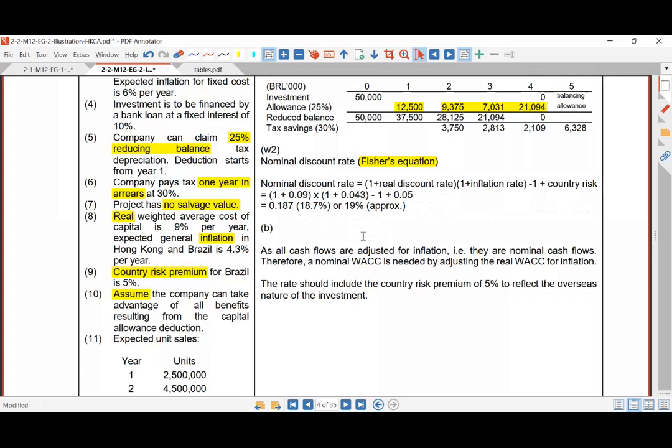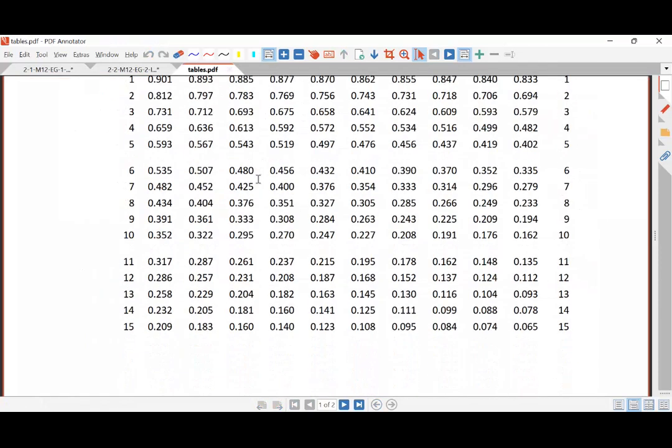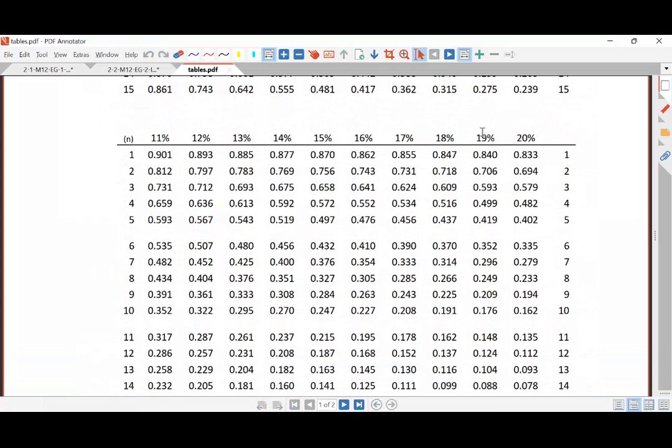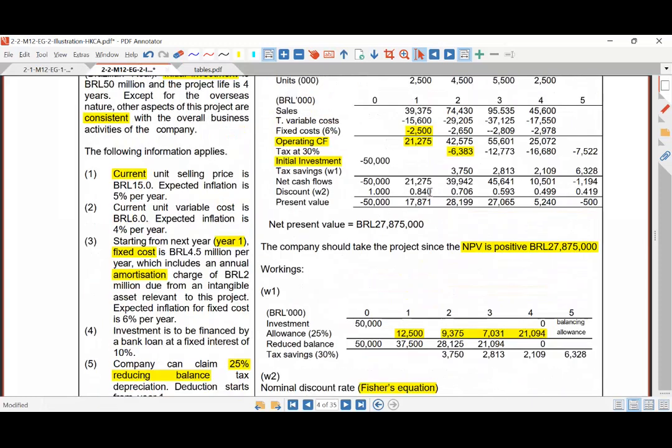So that you can use the present value table. At 19%, the present value table is on page 2. So you look at 19% here: 0.84, 0.706, and so on. Just put it below, and you will have the discount factor at 19%.